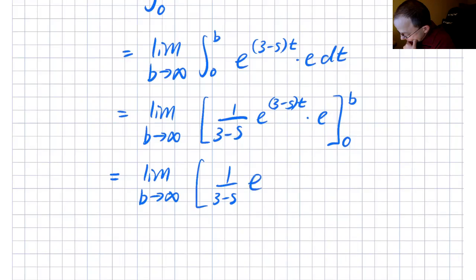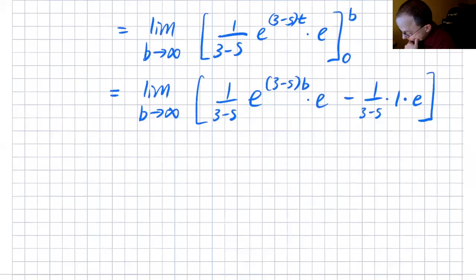So plug in b, and then minus, and that will be 1 times e.